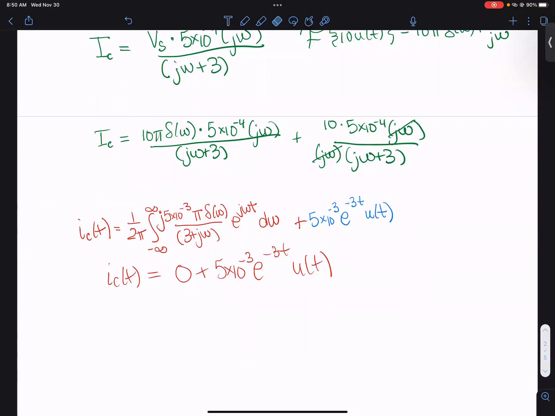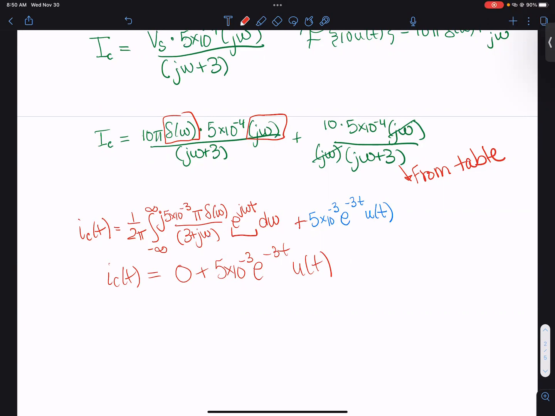So for the first term, it is not in the table because we have a delta omega times j omega over j omega plus 3. So the inverse Fourier transform is 1 over 2 pi, and then you take the function and multiply it by e to the j omega t, and then you integrate over d omega.